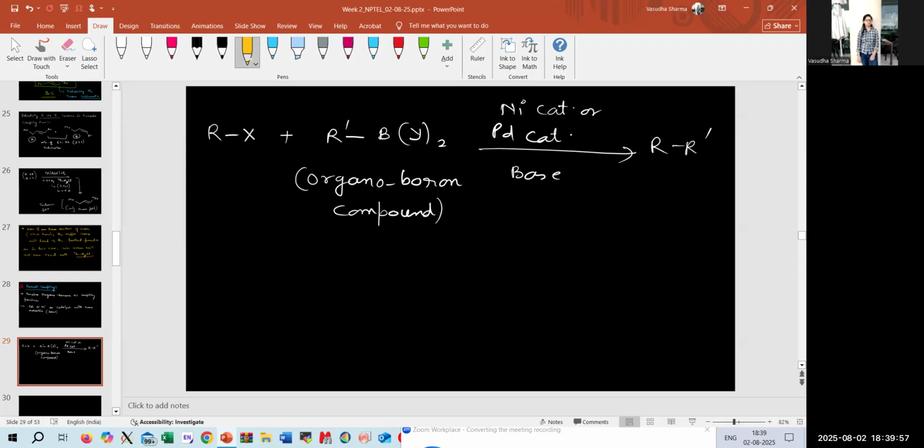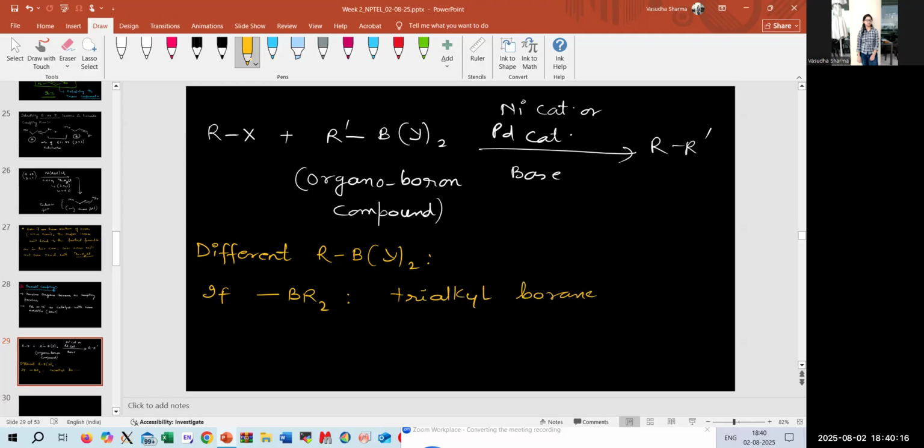So we have different groups. If it is BR2, generally a trialkyl borane. If it is B(OH)2, then it is boronic acid, substituted basically.